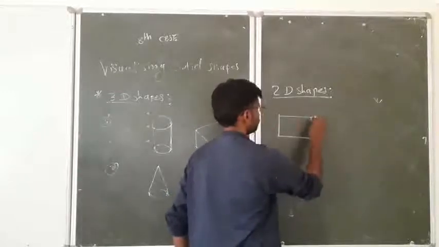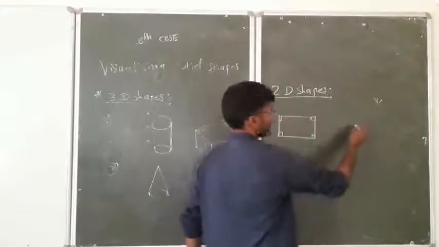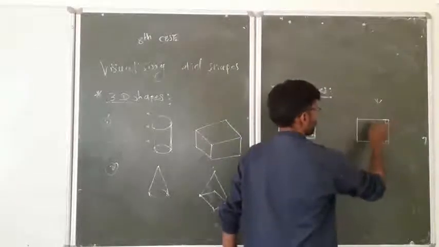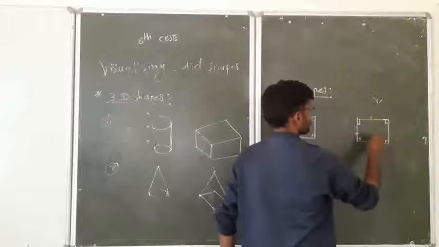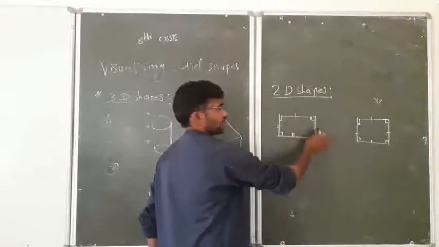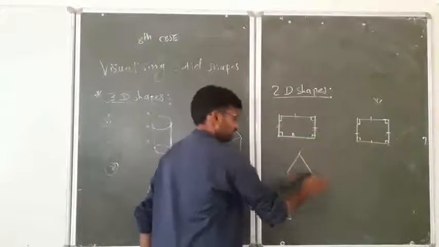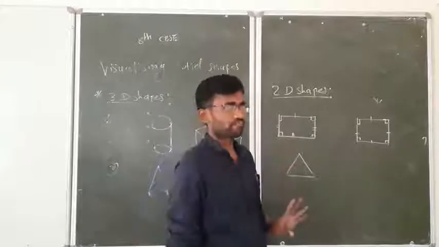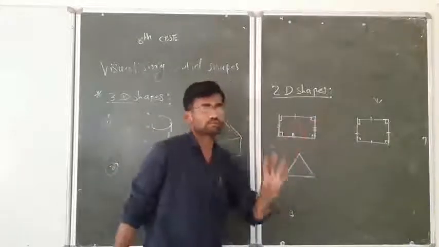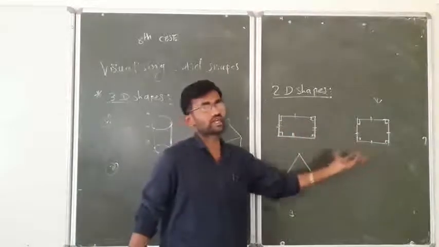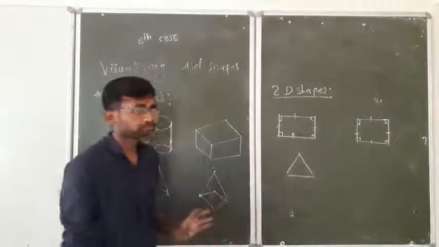Rectangle, squares, triangle, which are closed figures that have 2 dimensions. These are the 2D shapes, or you can say the plane figures or plane shapes. Got it?